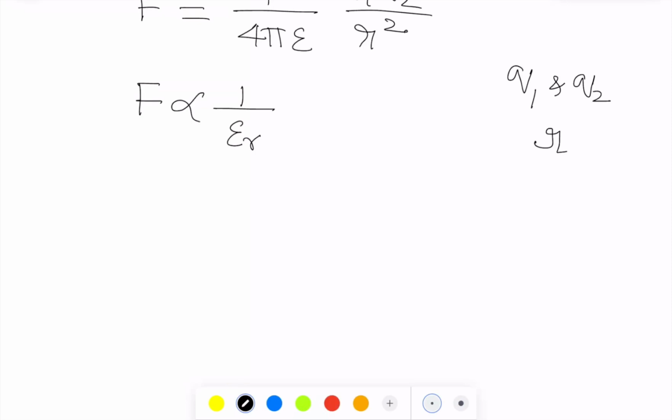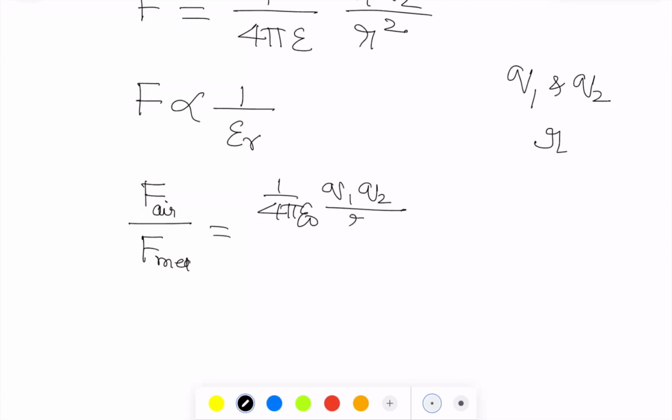After dividing, everything cancels. The remaining is just epsilon r. So the force of attraction or repulsion in air divided by the force in a different medium is given by just the relative permittivity.